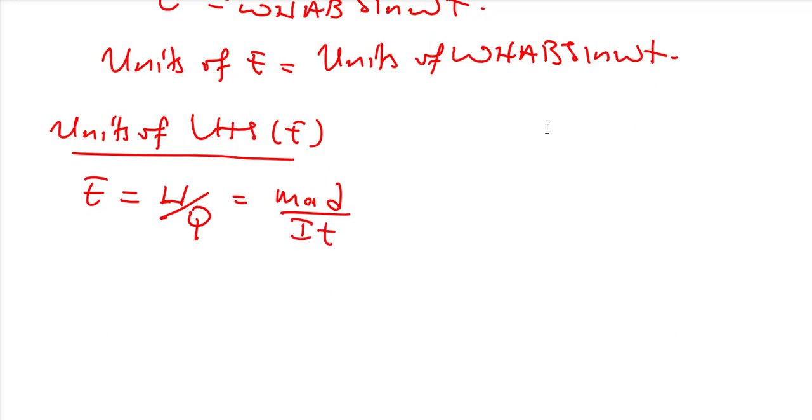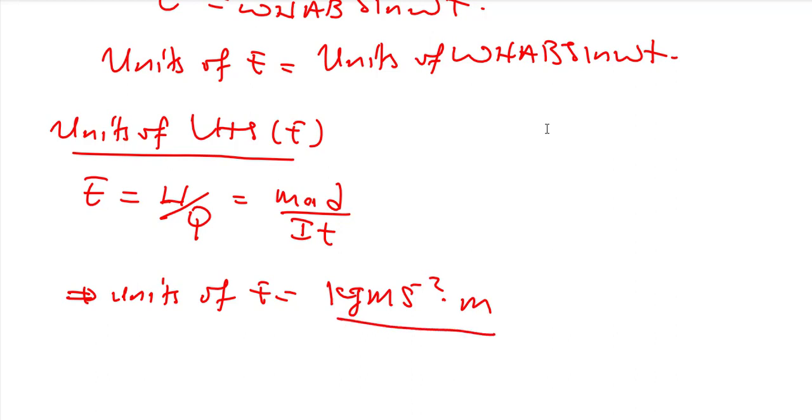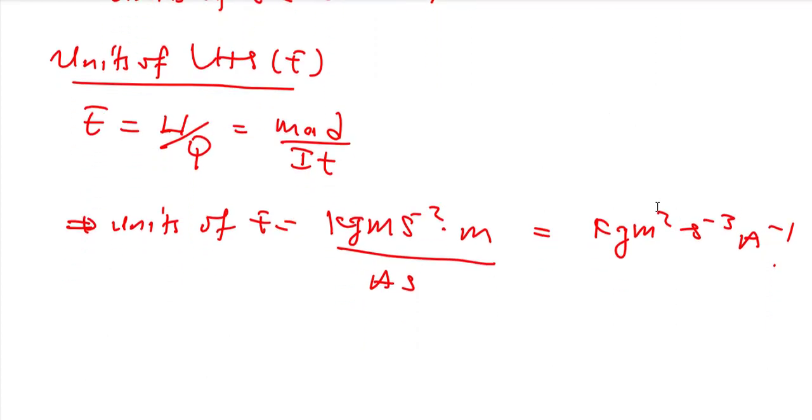So the units of E will be equal to, mass is a base unit, so that will be kilogram, acceleration meters per second squared, times distance meters, all of this divided by the ampere second. Simplified, this will give us kilogram meter squared per second cubed per ampere. So that's the unit of E.